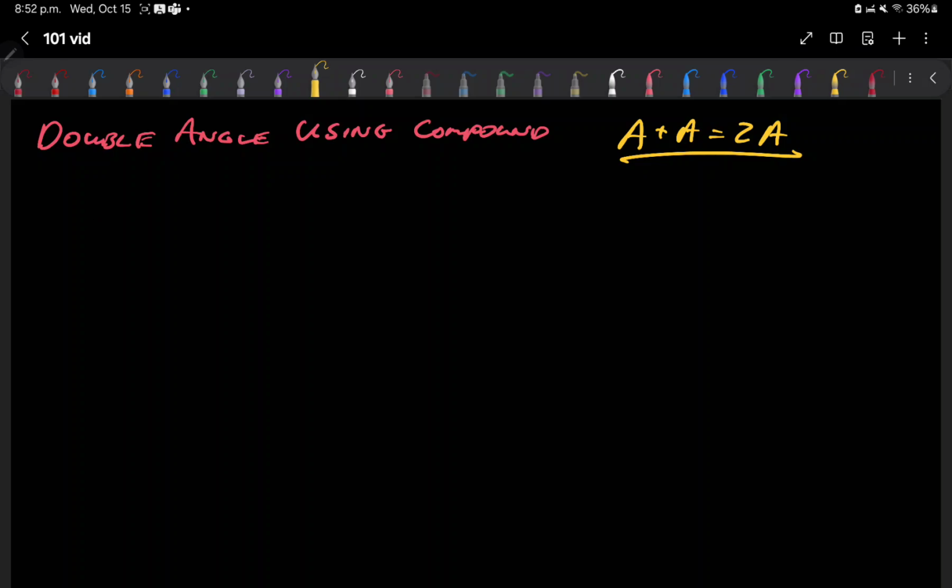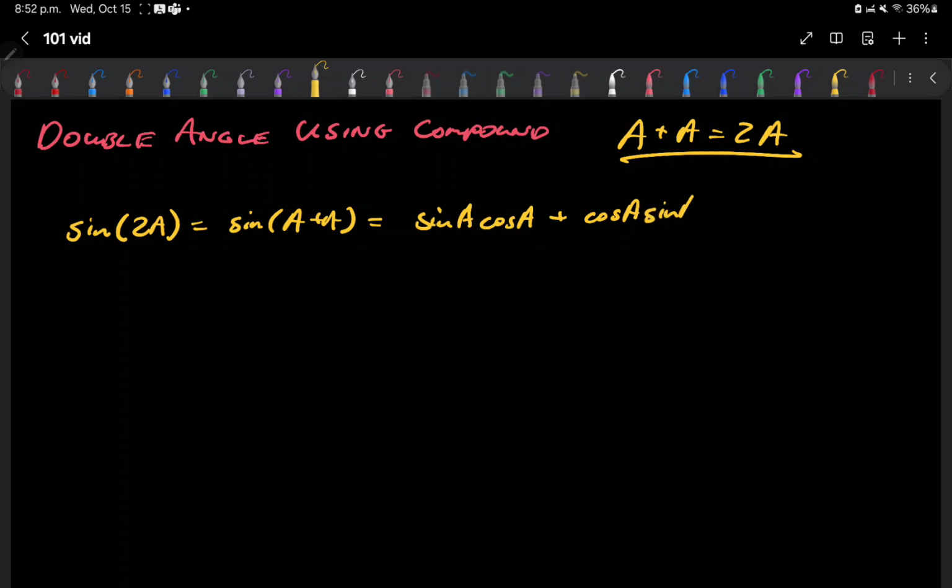So sine of 2A is equal to sine of A plus A, which is equal to sine of the first, cosine of the second, same sign in between, cosine of the first, sine of the second.